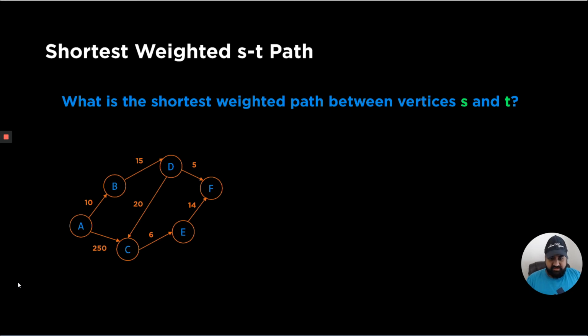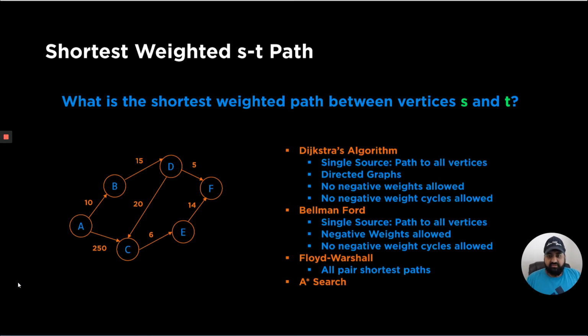This problem is called the shortest weighted path problem, and it is solved through different algorithms that we are going to discuss in today's lecture. For the purpose of the course, we just focus on one of them, which is called Dijkstra's algorithm. The other ways to solve this problem are Bellman-Ford, Floyd-Warshall, and A-star search that is also used.